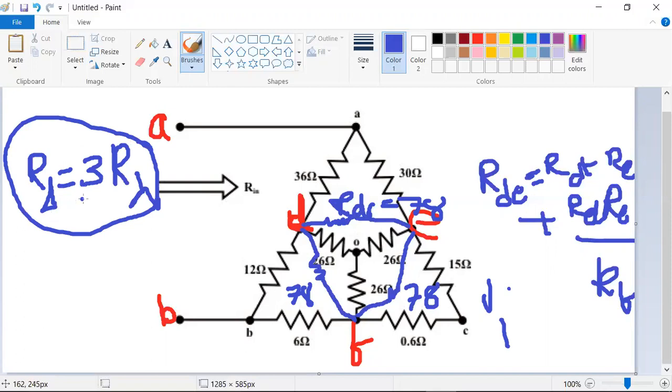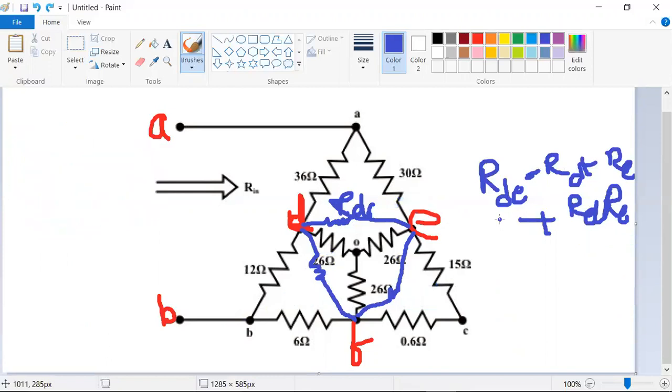R delta is equal to 3 times R star. If R star is equal to 26 ohms, R delta will be 78, means 3 times, right? Since when the resistances are equal, R delta is equal to 3 R star. Hope you are clear. So by this analysis you get that this is 78, right?